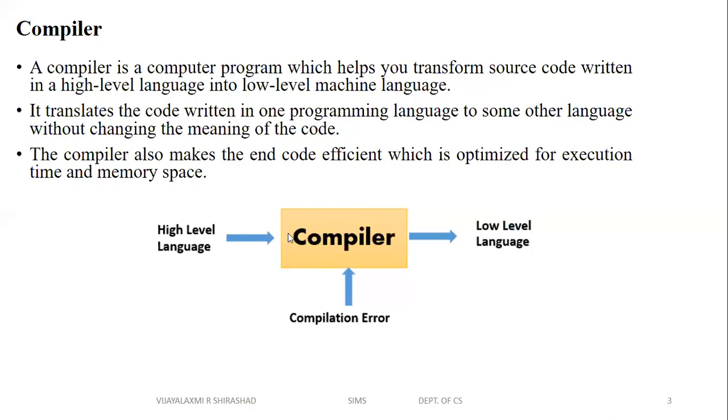If any error occurs during compilation, it is called a compilation error. Who has to debug all this? The compilation error is evaluated by the programmer or by the compiler itself, and finally it will produce a program as output. That program is called an object program.